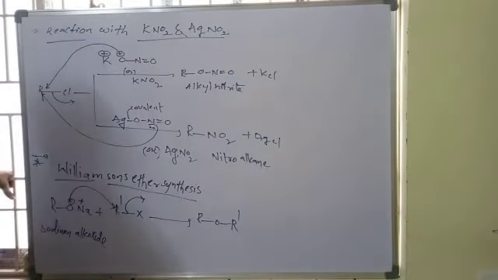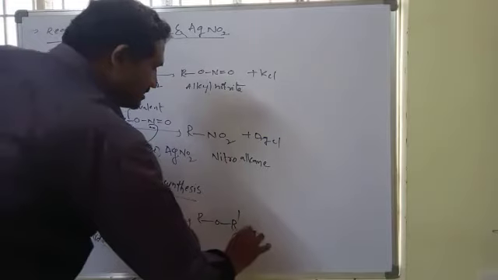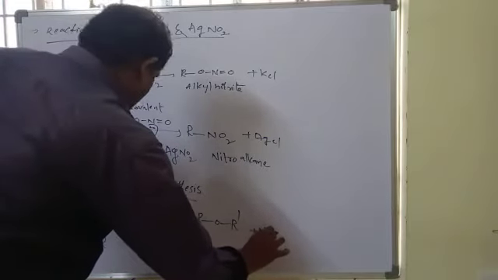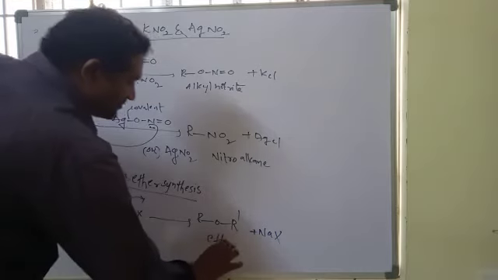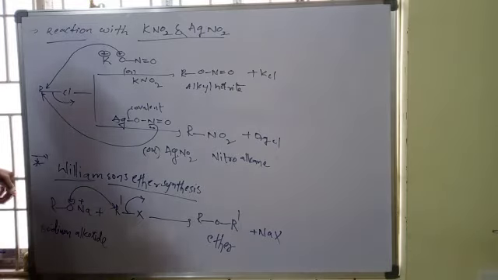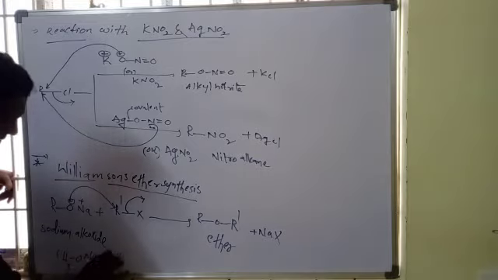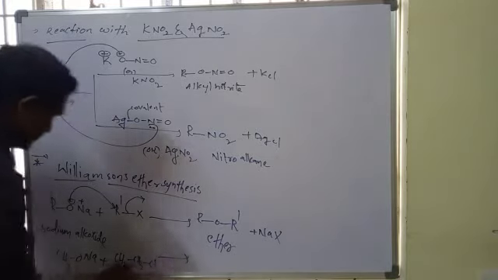Plus NaCl or NaX is eliminated. This is the ether. So when sodium alkoxide reacts, if I take sodium methoxide plus ethyl chloride, what happens?